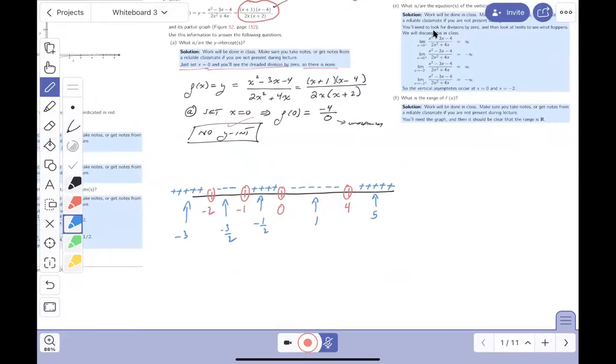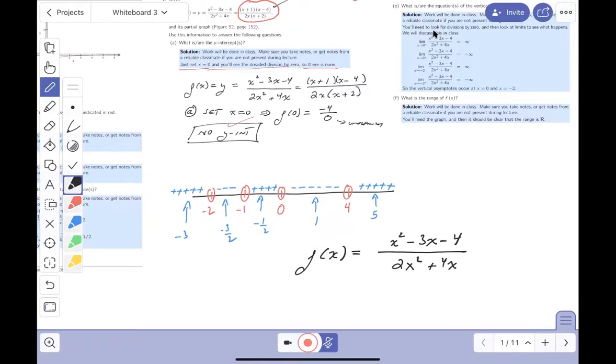I'll write that down for you. So I'm looking at f of x equals x squared minus 3x minus 4 over 2x squared plus 4x.